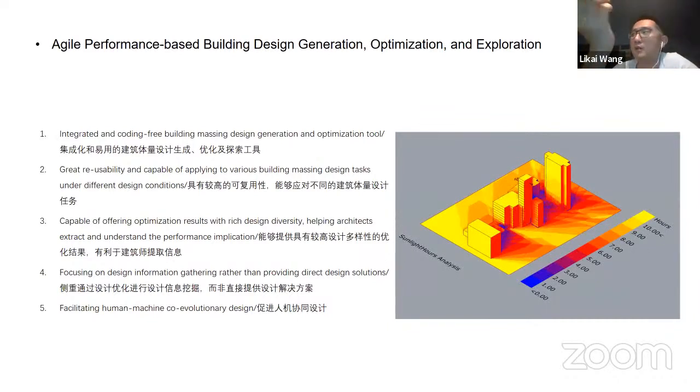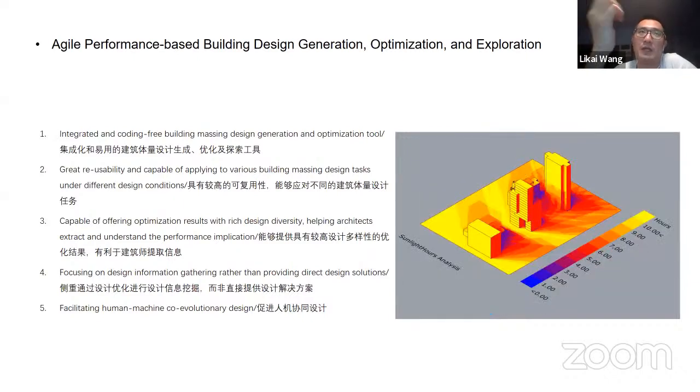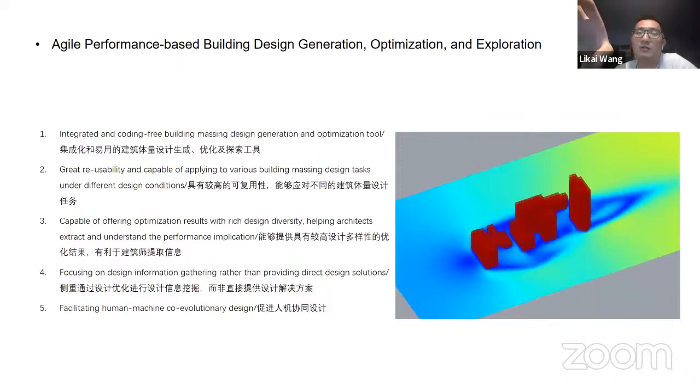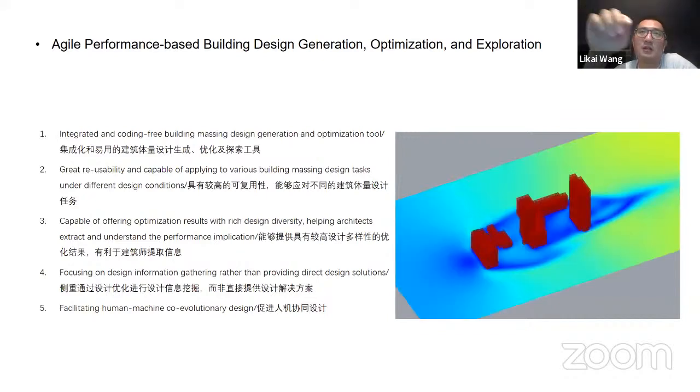Instead of using a standard evolutionary algorithm, which usually just gives you very similar solutions, EvoMass has an algorithm that can provide diverse solutions, which means that when you compare these design solutions, you can find the similarities and differences between them, which helps you more easily understand the performance implications reflected by these designs.